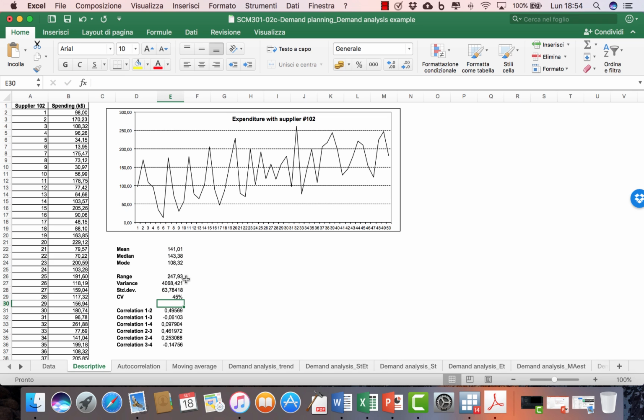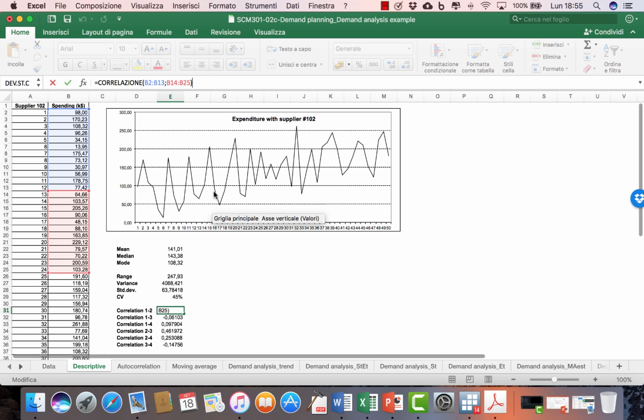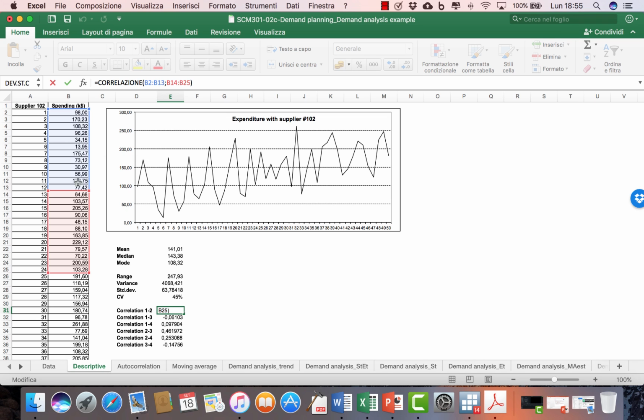Let's now try to understand some correlation. Here, what type of correlation do you see? For example, I told you that these are years. So 1 to 12 is the first year, 13 to 24 is a second year, and so on. I want to analyze the correlation between the time series of the first year and the time series of the second year.